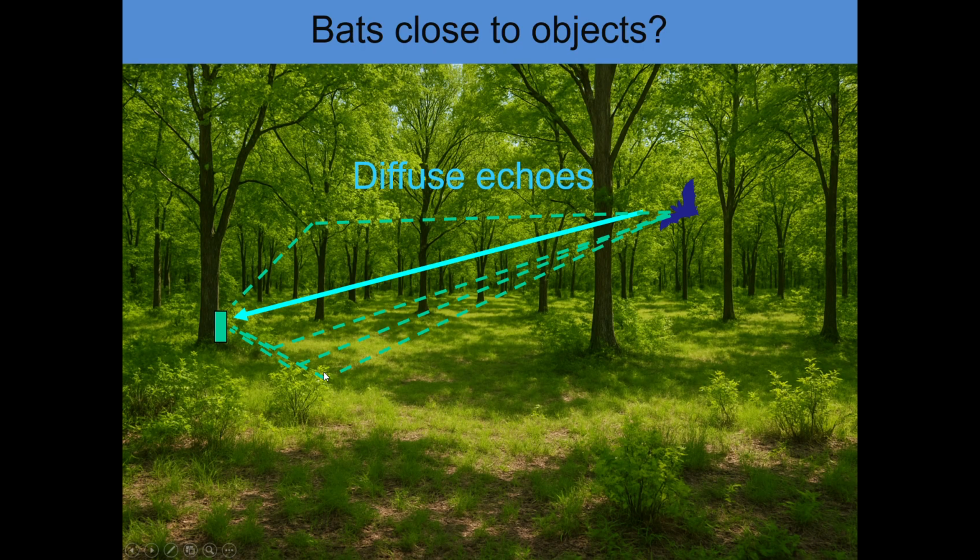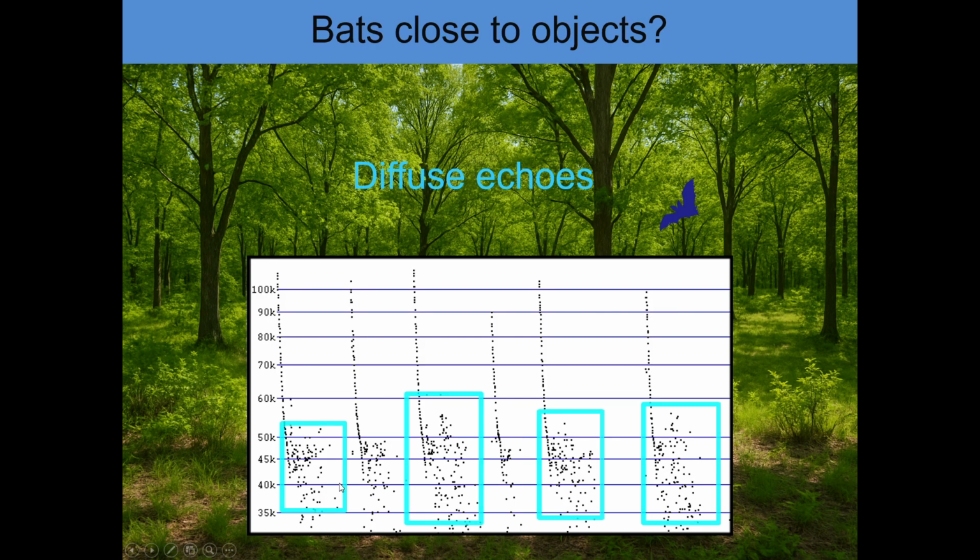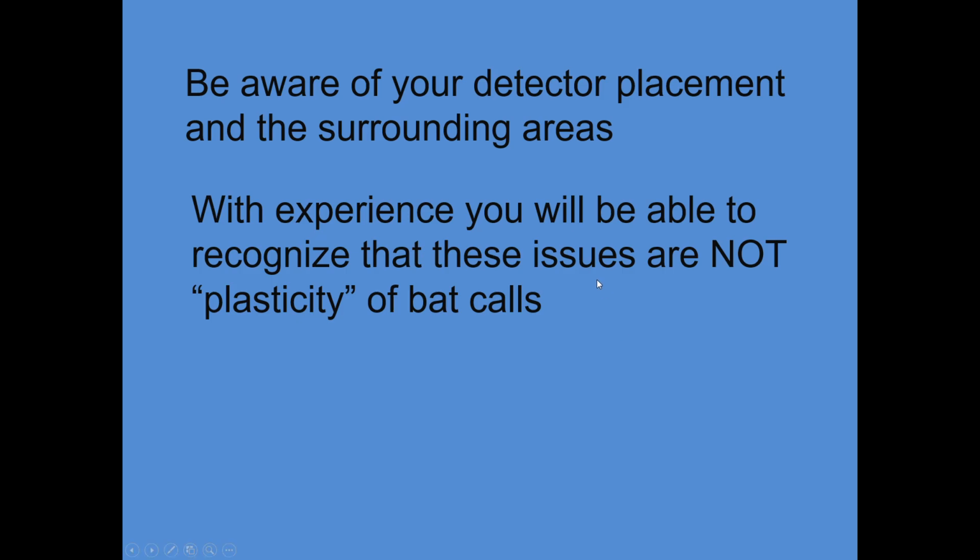So the sound is coming out, bouncing off the ground, off the edges of the shrubbery, off the branches of the trees, and you're getting all these different echoes coming in. So what does that look like when you're recording? Diffuse echoes, all of this stuff down here. These are diffuse echoes from the sound bouncing off multiple surfaces at the time you're recording.